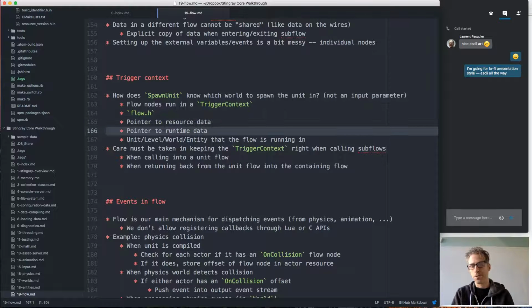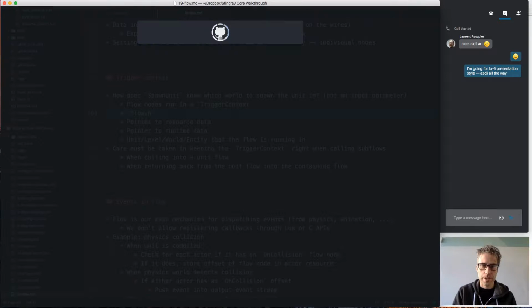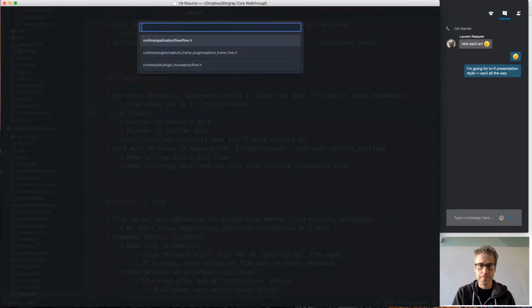It contains a pointer to the runtime data so that we can look up these input variables. But it also contains information about what unit we are running in for unit flow, what level we are running in for level flow, what our current world is for world flow, or what entity we're running, if it's an entity flow. So we can look at that here.